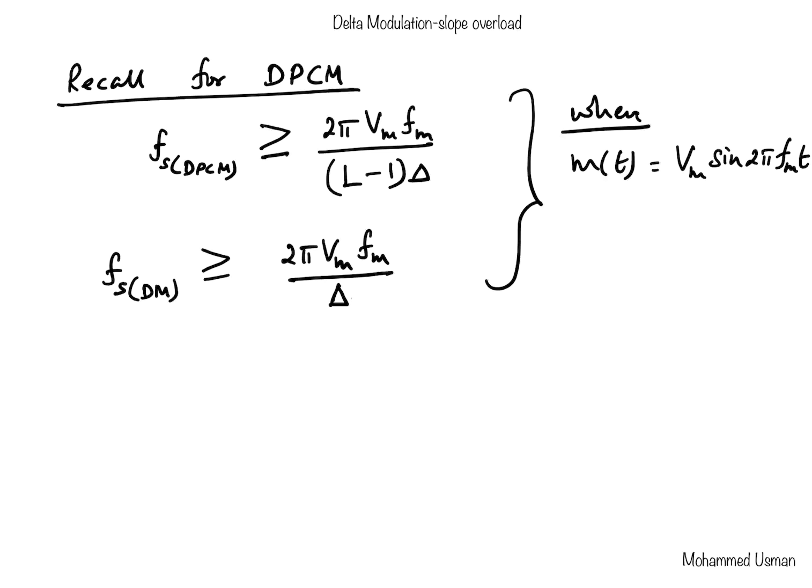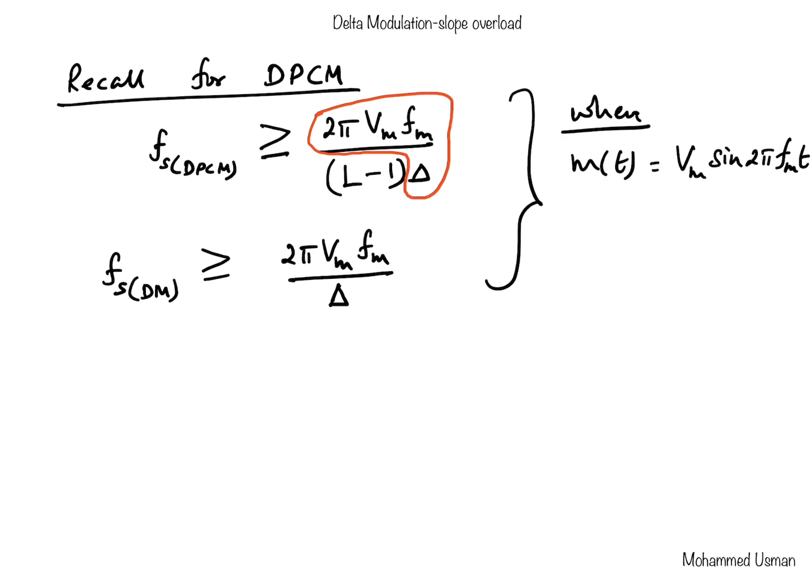So what we understand is that because there's a number here in the denominator for differential pulse code modulation which is greater than 1, this term here, which I'm circling in red, is exactly what we have for delta modulation.